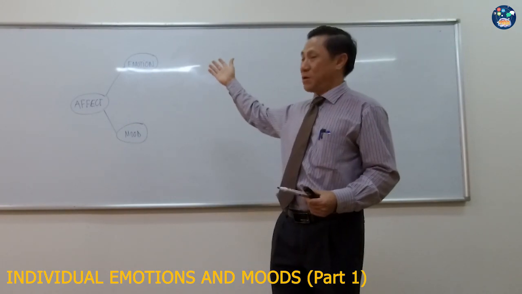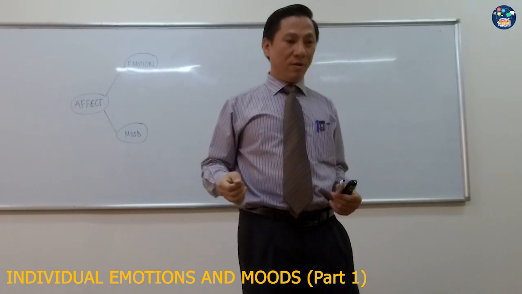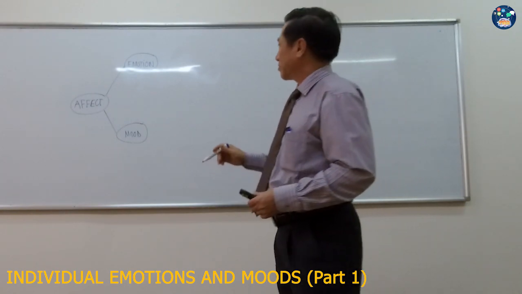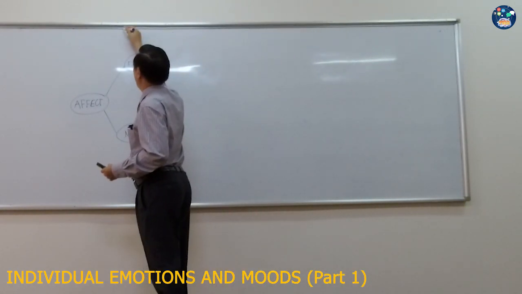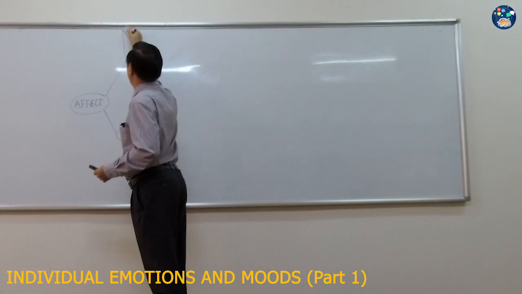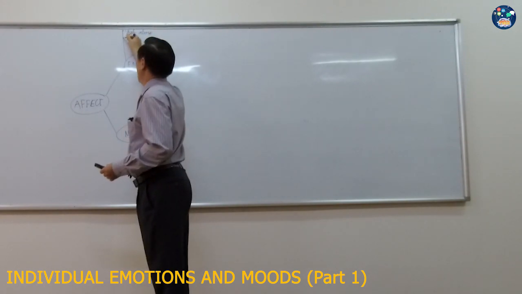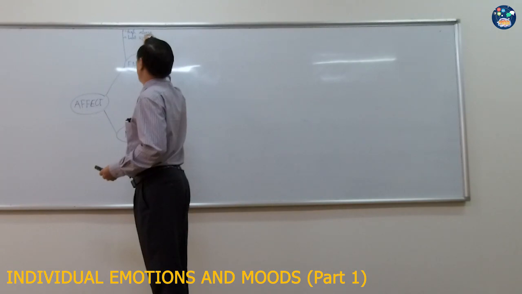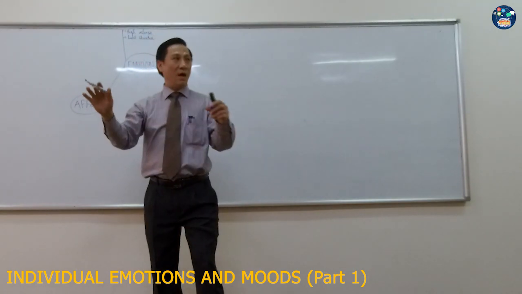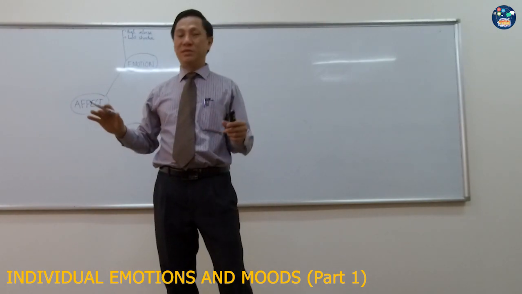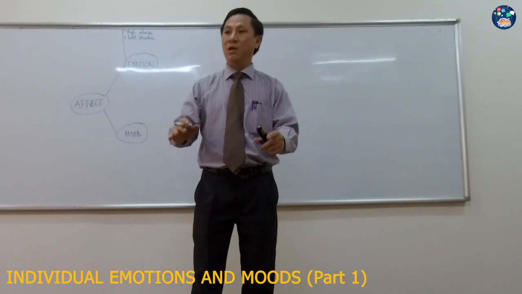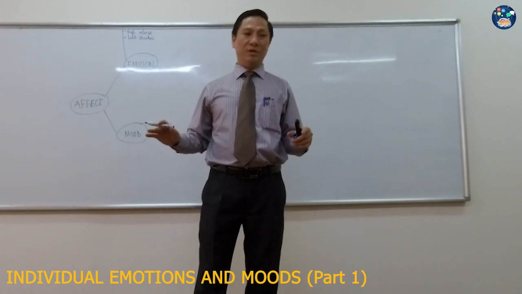So the characteristics of emotion: the first one is very high intensity. Next, it lasts shorter. It should happen in seconds or minutes, and then go down and finish.